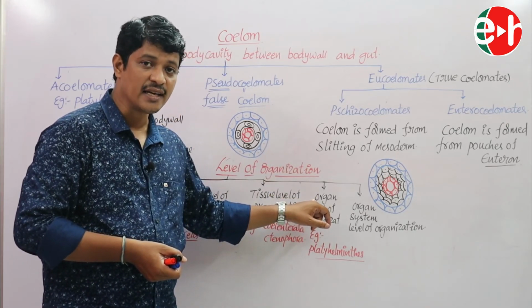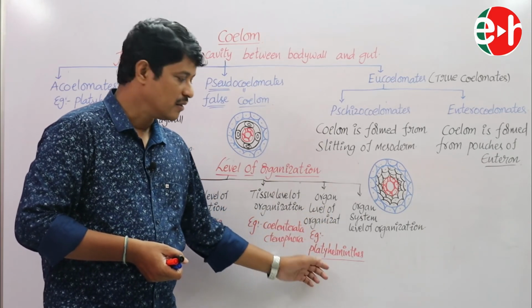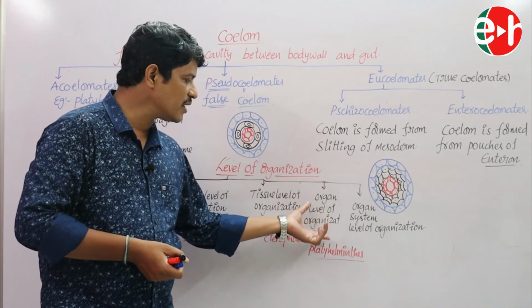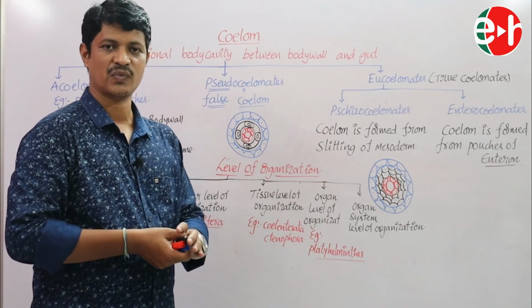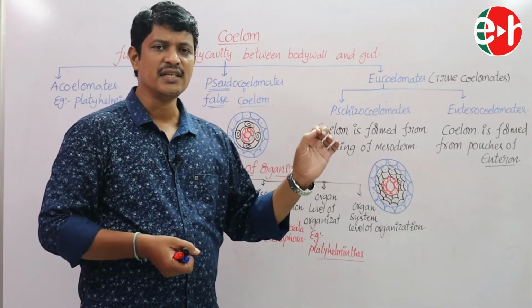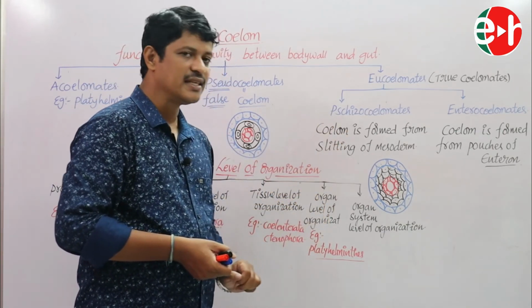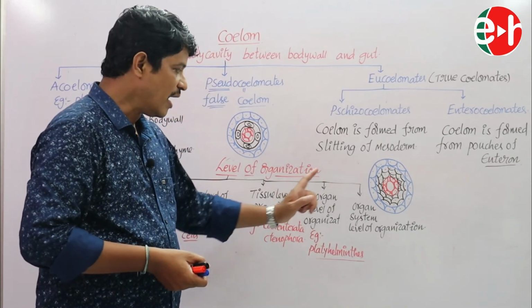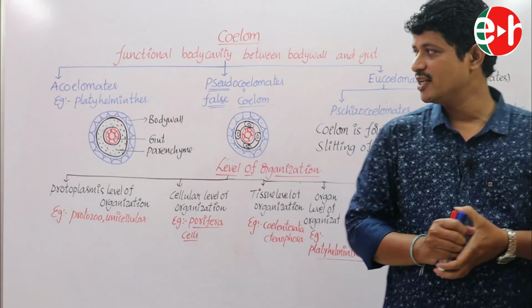These organs conduct all metabolic activities. This type is known as the organ level of organization. All life activities are conducted by organs. Example, Platyhelminthes animals.